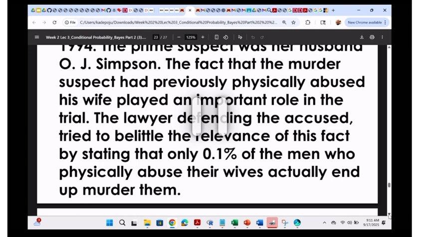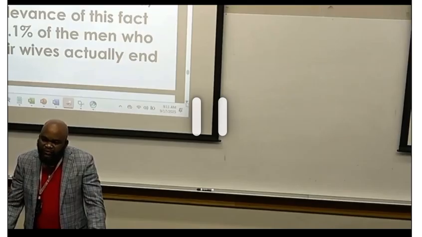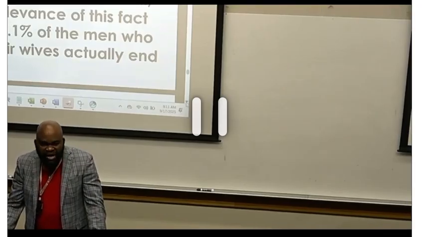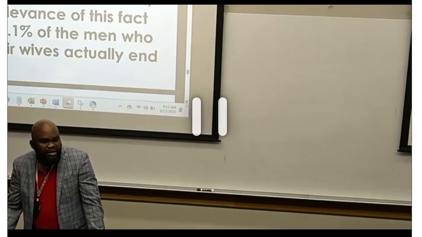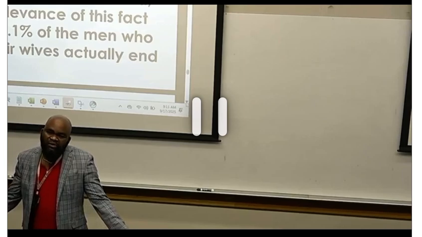What we want to argue today, statistically, using Bayes' theorem in odds form, is that the fact that a man abuses his wife, the fact that he has a history of domestic violence, should be relevant to the case, because the Simpson defense counsel was trying to say that was not relevant.